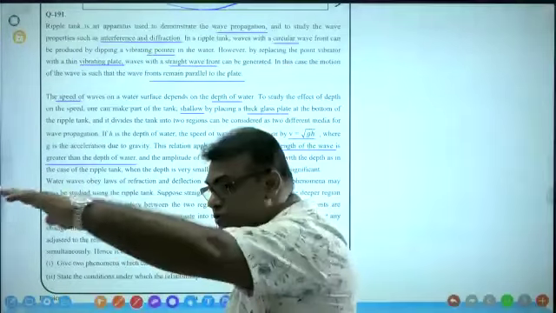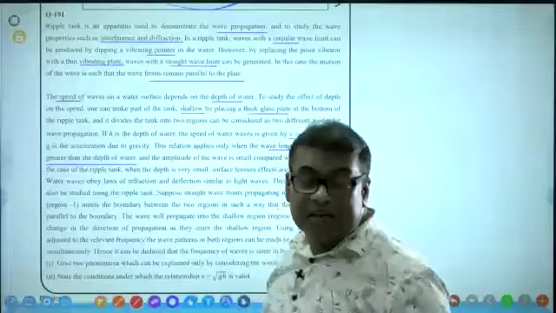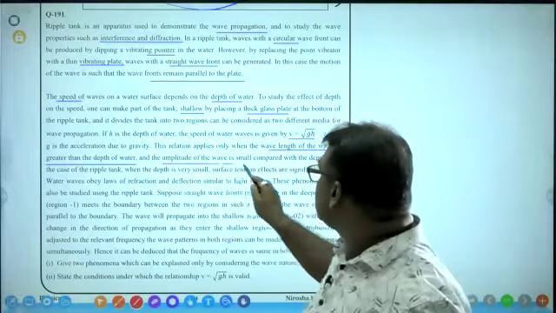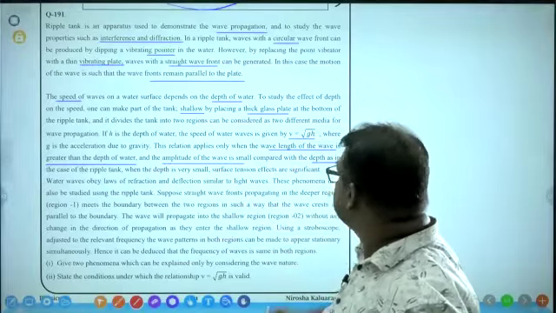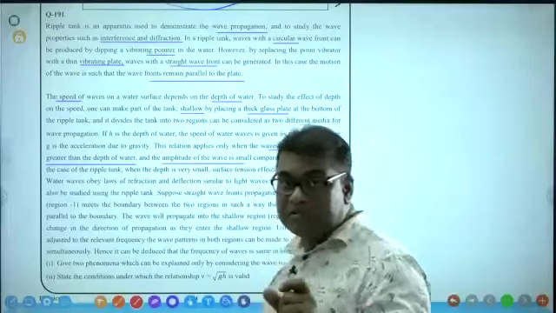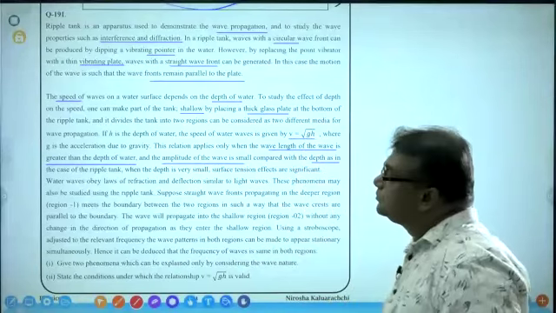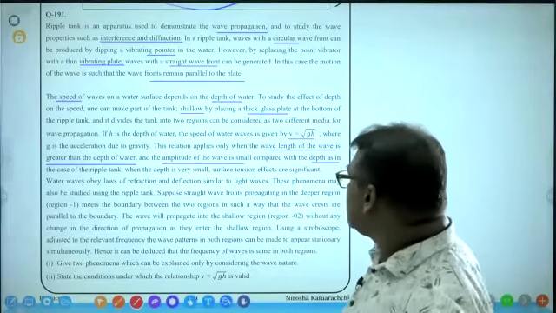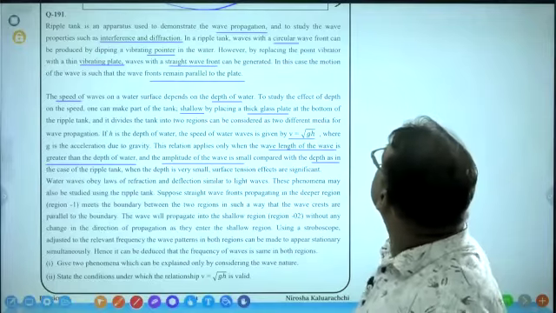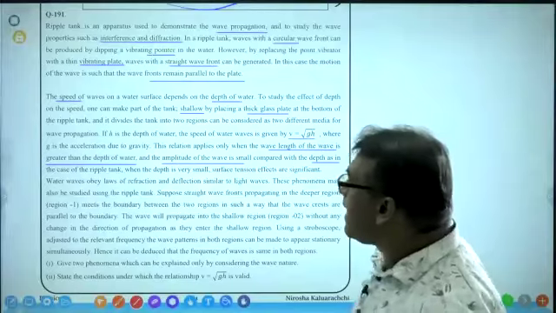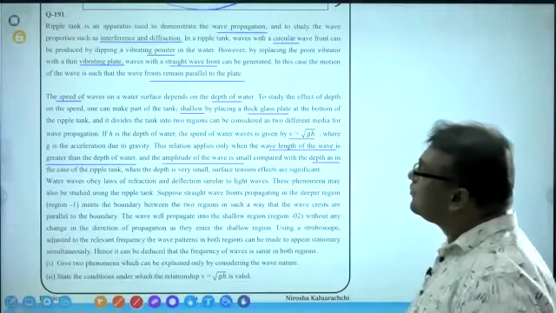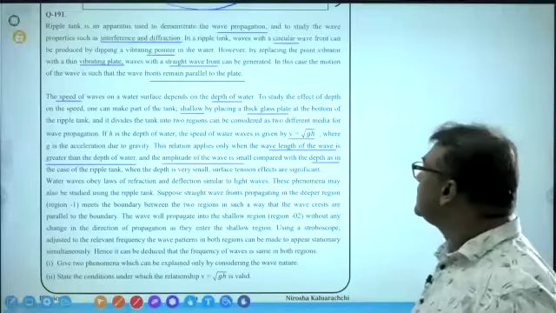Wavelength to be very huge, then amplitude negligibly small. And the amplitude of the wave is small compared with the depth, as in the case of a ripple tank. Those two conditions should be satisfied to apply V equals root gH. First, the wavelength of the wave is greater than the depth, and second, the amplitude of the wave is small compared with the depth.